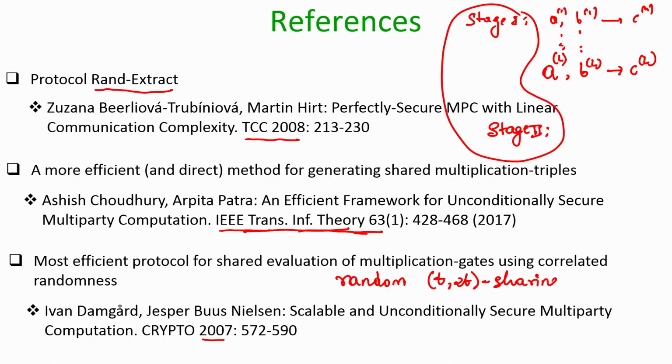And what is a random t comma 2t sharing? If I say that a value is both t as well as 2t shared, that means there is some random value say k picked uniformly at random from the field with no one knowing the value of k, and k is secret shared both through a degree t polynomial as well as through a degree 2t polynomial.